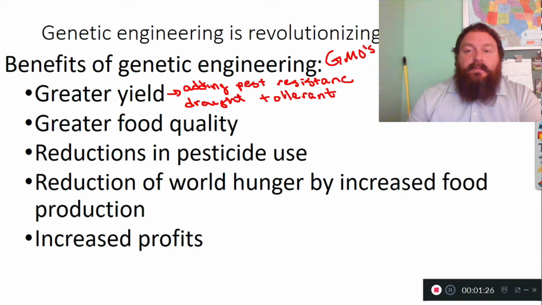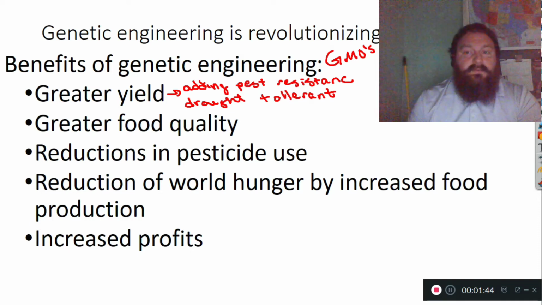This one helped out a lot, because now if we can take an organism that normally would take, say, a year to get from birth to harvestable size, now a plant might sprout one day and be harvestable within a few months, as opposed to within 6, 8, 10 months. So they're allowed to grow bigger, faster. These are all things that increase our yield.